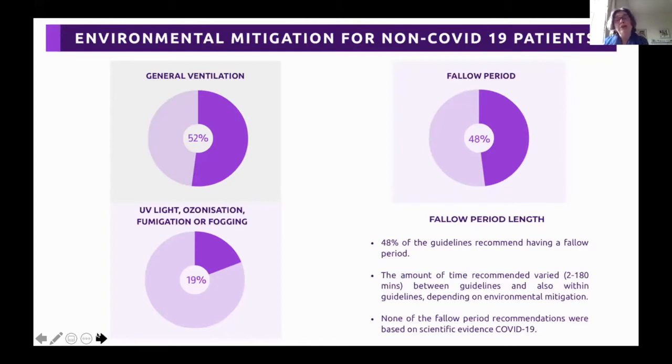What we found from around the world was that only 48% of the guidelines recommended a fallow period, and that varied between 2 minutes and 180 minutes. What is important is that we examined the evidence underpinning these recommendations, and generally across the board there was very, very little evidence, and in the main, non-existent.